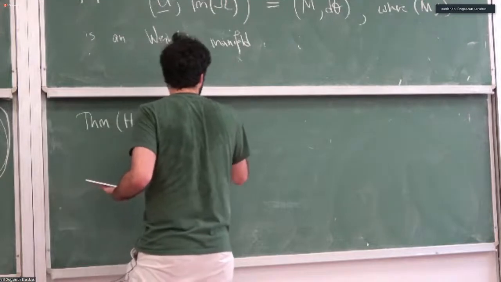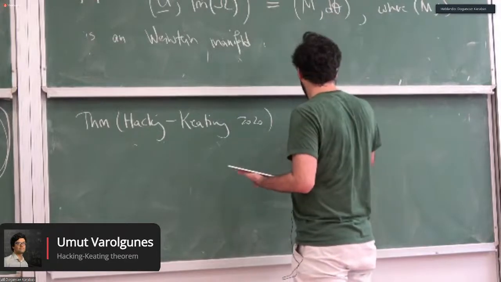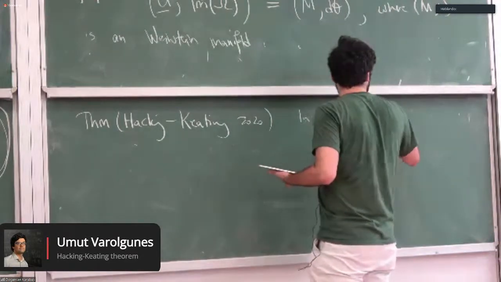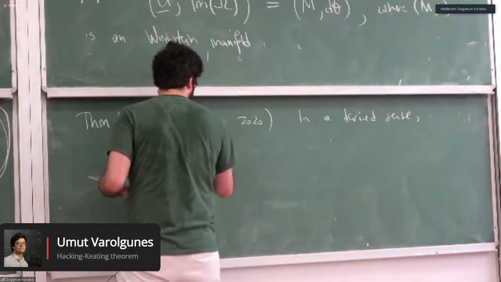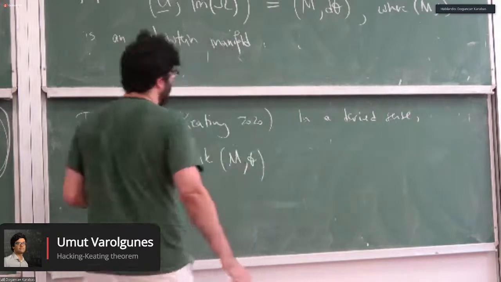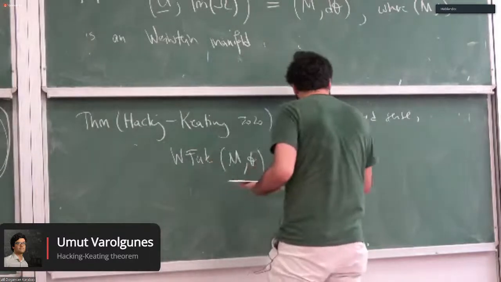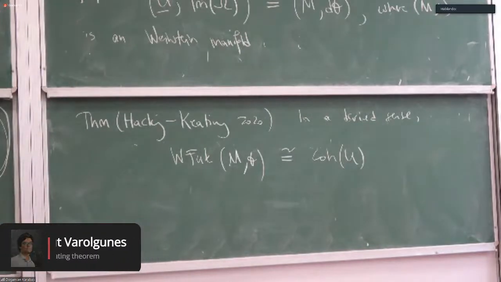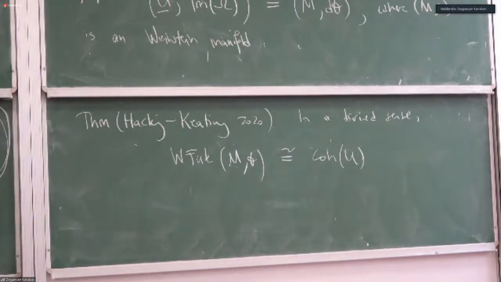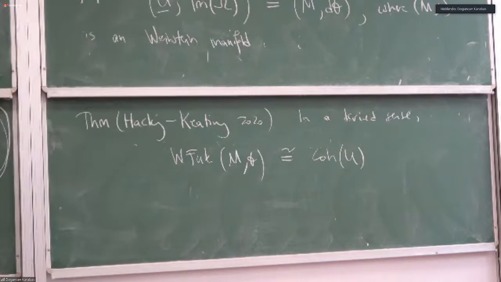Hacking-Keating, it's from around 2020. In a derived sense, the wrapped Looijenga category of this Weinstein manifold is equivalent to the category of coherent sheaves on U, with its standard structure. Now if you go and look at this paper, you will see a very different statement.